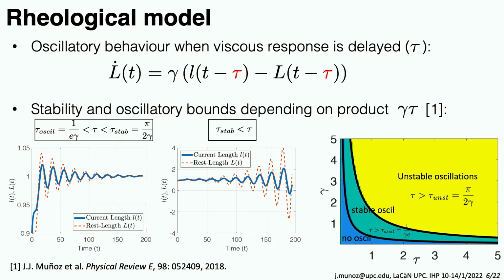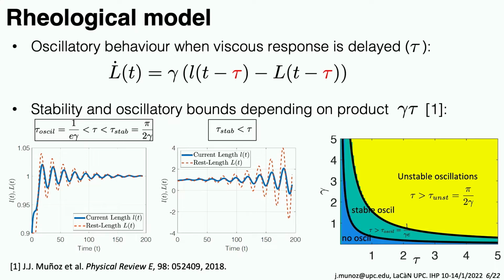This is a delay differential equation, which has been well studied in mechanics, but not as much for biological systems, as far as I know. But they have a very well characterized response. What you have is a threshold for oscillatory behavior and a threshold for stability.